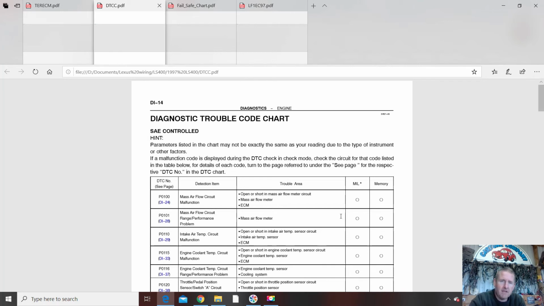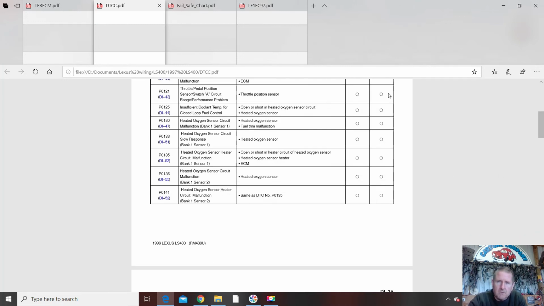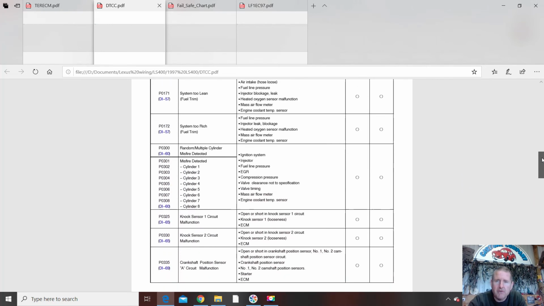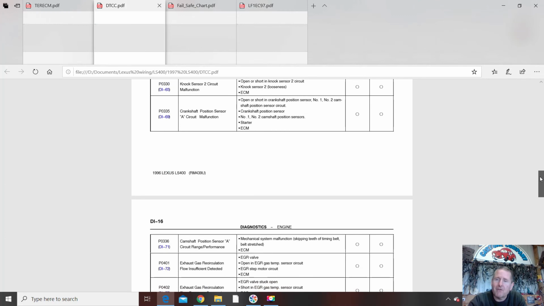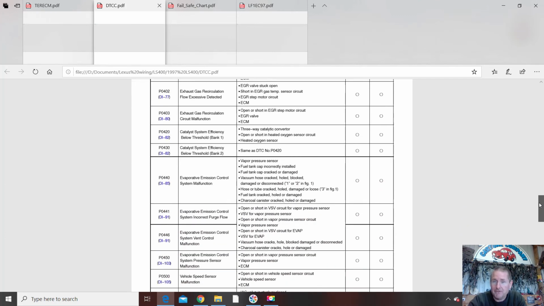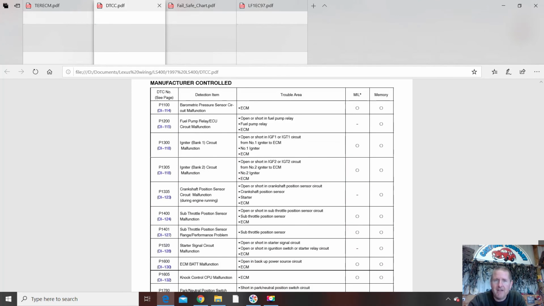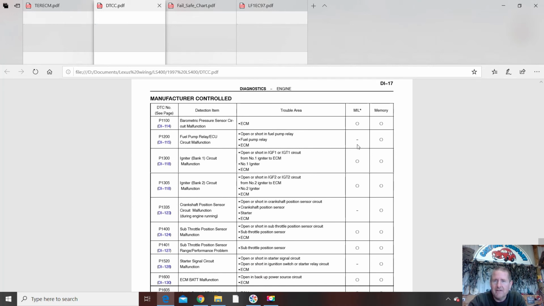Now, you can see here, it's got MIL, malfunction indicator light. I often call them a check engine light, and memory. So this says if it throws a fault code. So we're looking for one in here. If they've got a circle, they'll throw a check code. They'll throw a malfunction indicator light. We get right down here. Look at this one. No.